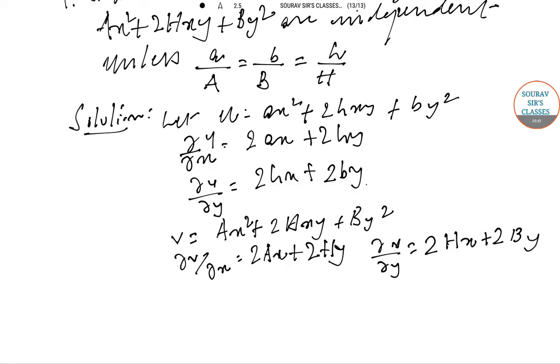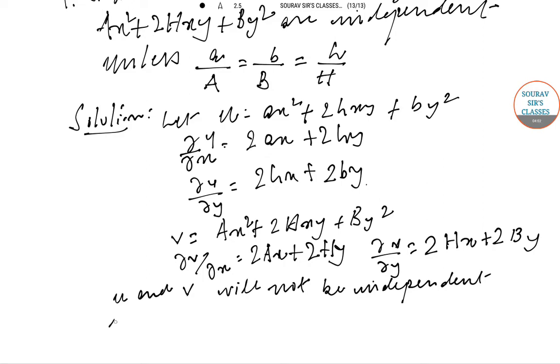U and v will not be independent if there exists a relationship between them.